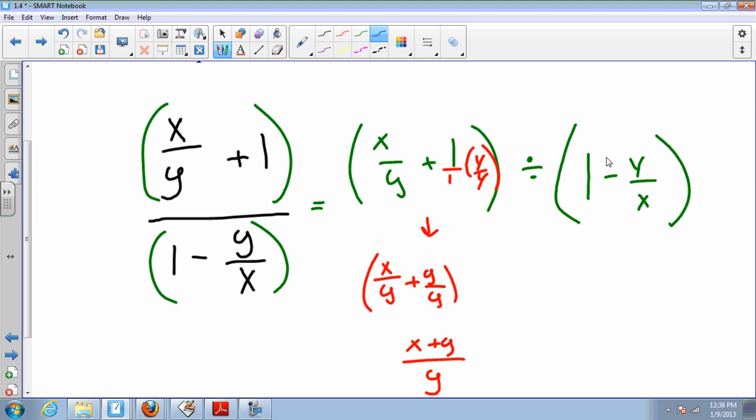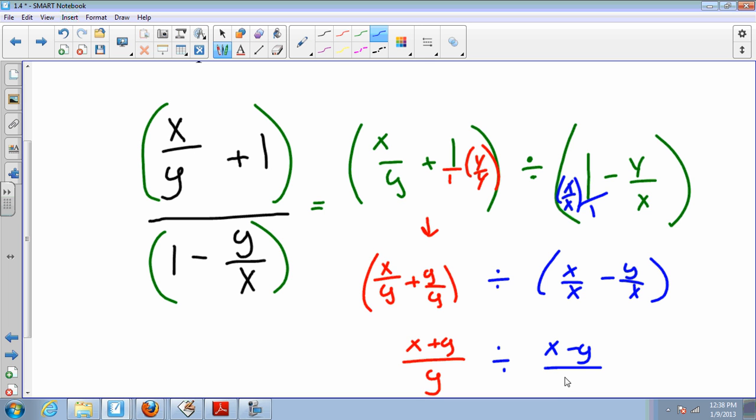Now let's go to the second set of parentheses, 1 minus y over x. Get a common denominator, which is x. So it becomes x over x minus y over x, which simplifies down to x minus y over x.